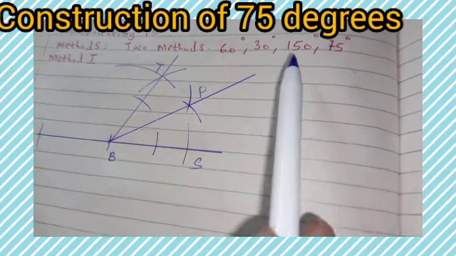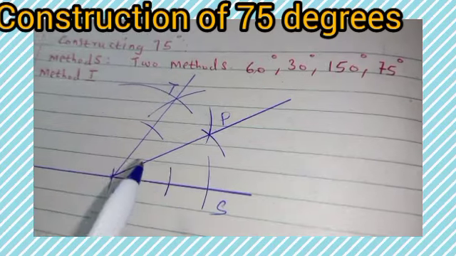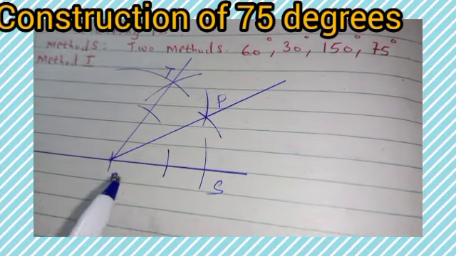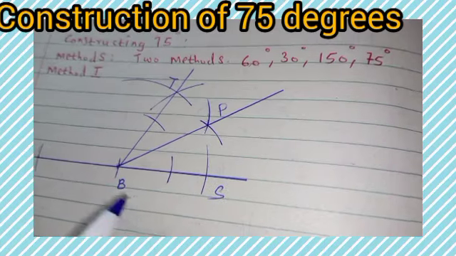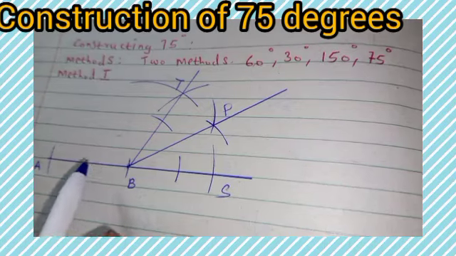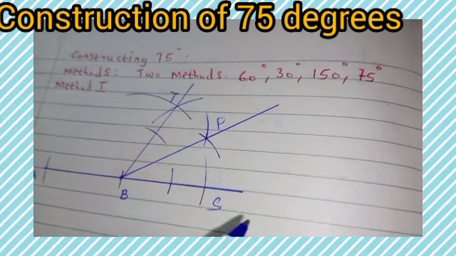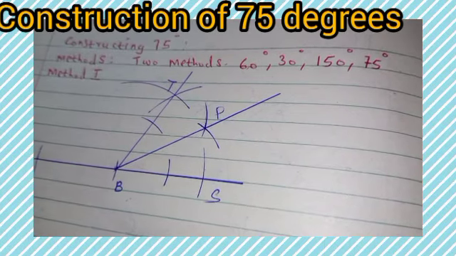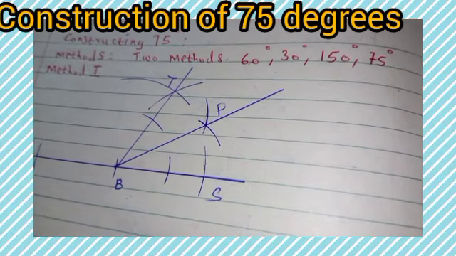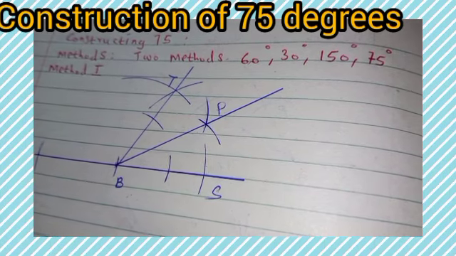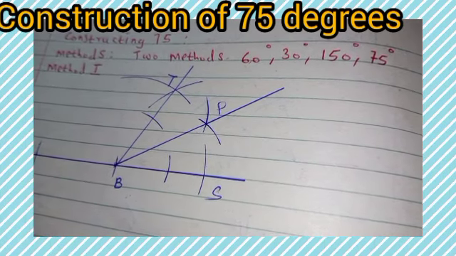That is why I wrote 150 here, because angles on a straight line add up to 180 degrees. So angle ABP is 150 degrees. We are going to bisect that angle, and when you bisect it, we get an angle of 75 degrees.